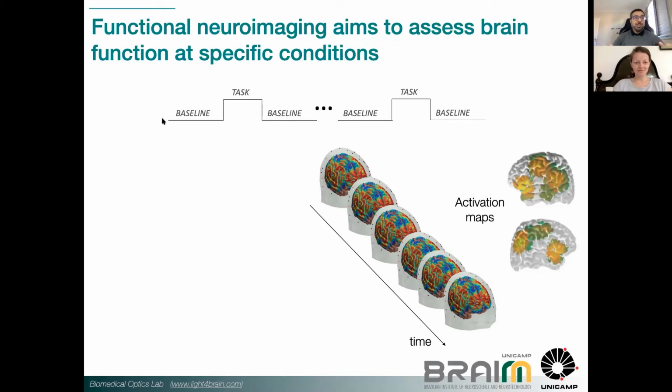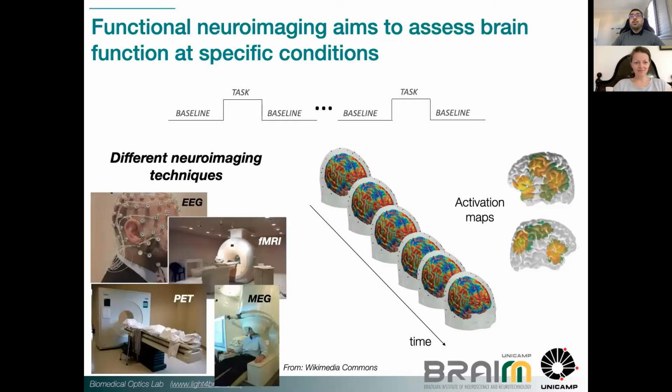The subject is not doing anything. And we monitor the brain over time. Then we can compare these two situations somehow. That leads us to see which regions of the brain are different between the two periods of time. So we can build what we typically call an activation map that highlights the regions that are different between the two control tasks or the two time periods that we are interested in comparing.